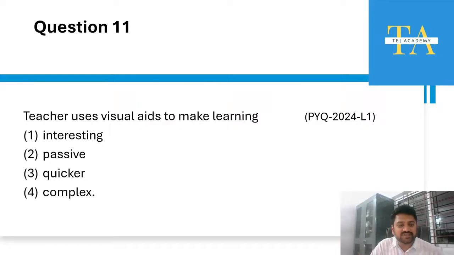Question number 11. Teacher uses visual aids to make learning interesting, to make learning passive, to make learning quicker, and to make learning complex. Of course, the first one. Manogna.